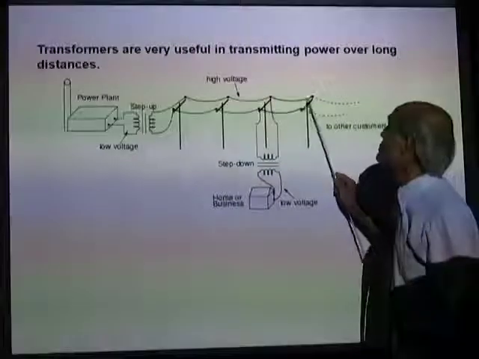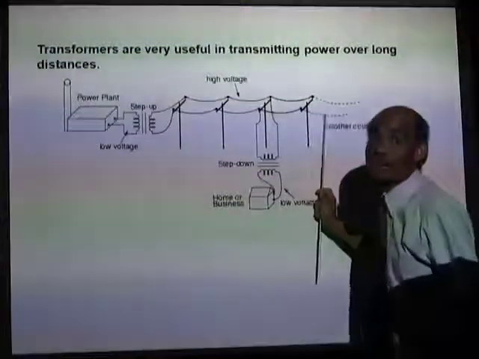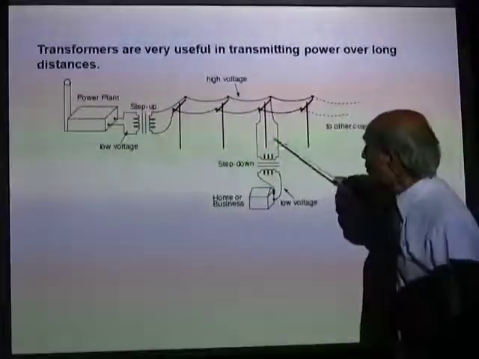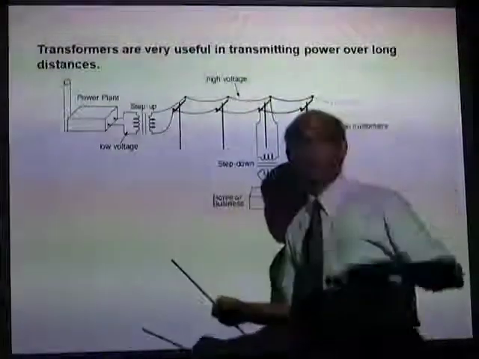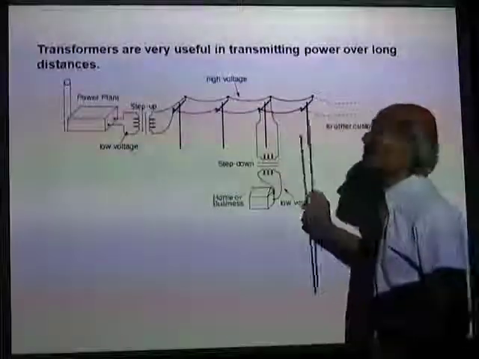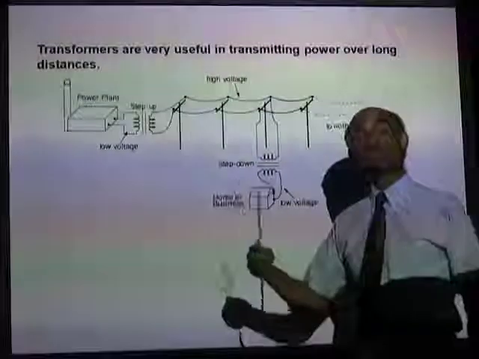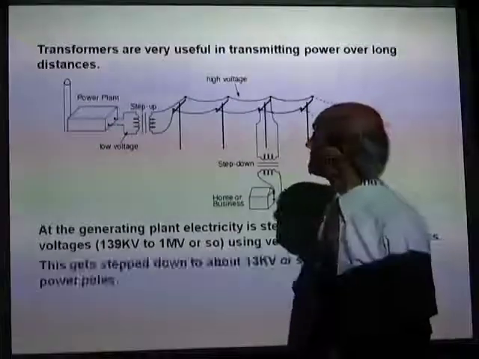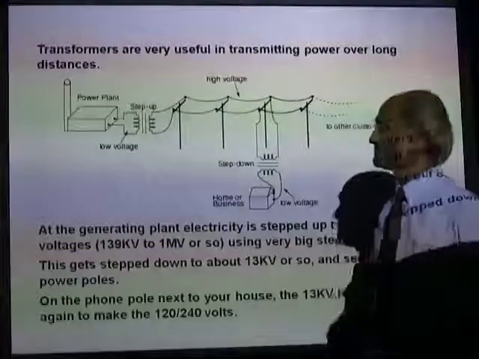It then comes to the distribution where you have a step-down transformer which steps it down to about 4,000 volts, which is the line that comes to your house. And outside your house there is always a step-down transformer, which steps down that 4,000 volts to 120 volts so that you can use them. So all these are very important applications of electromagnetic induction.